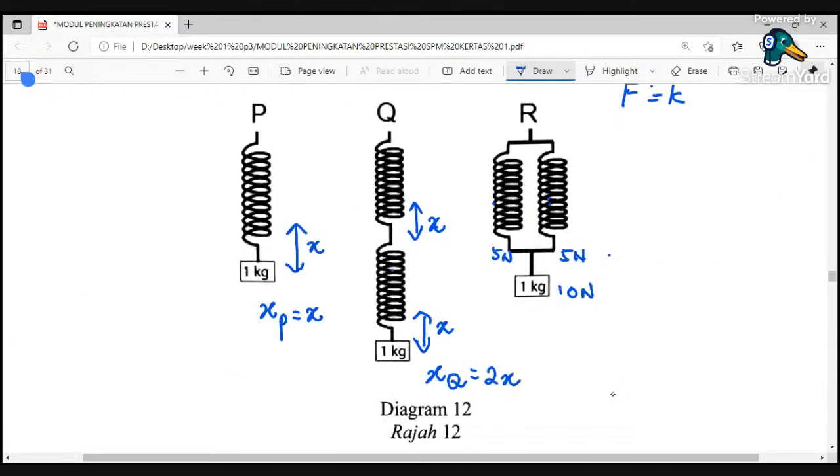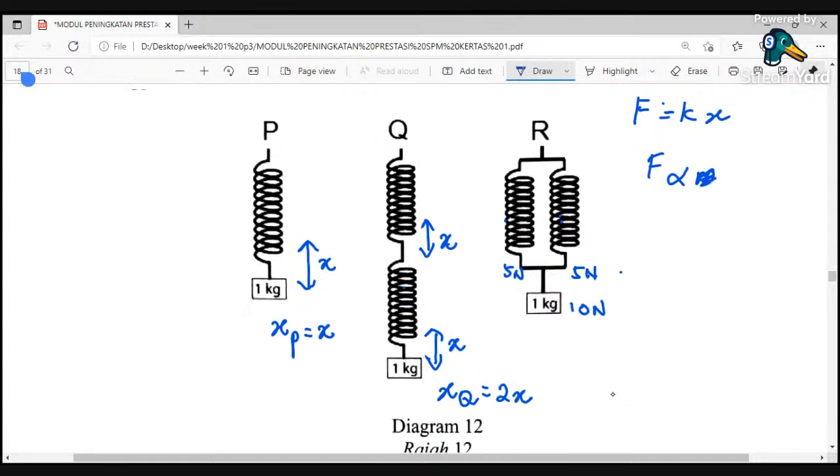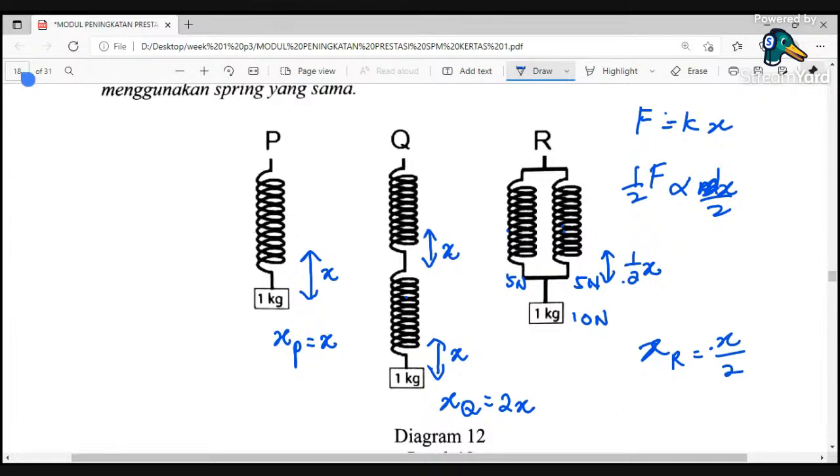So the formula, F directly proportional to X. So if the force become half, means the extension also will become half. So the spring here will experience extension of half X. So the total extension for this spring R is equals to X divided by 2 or half X.